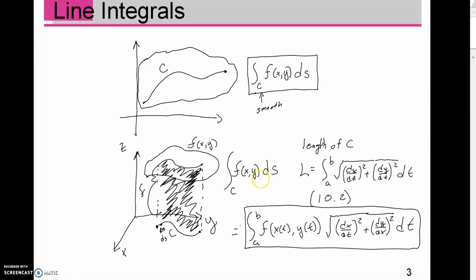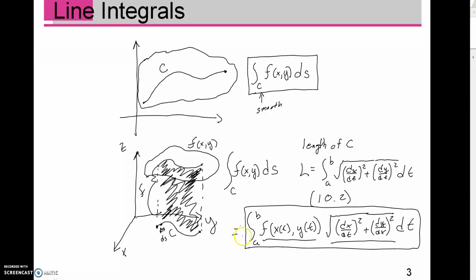So again, looking at this equation for the line integral, here we have f, your x and y are in terms of t, and your length of your curve. You're multiplying the two, you're getting area, and you sum that up.